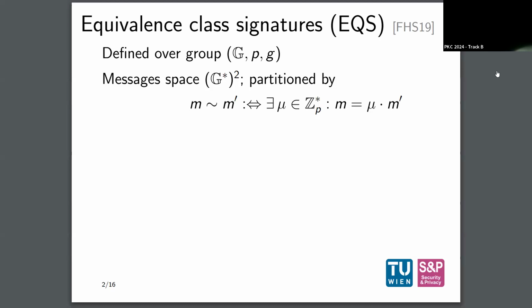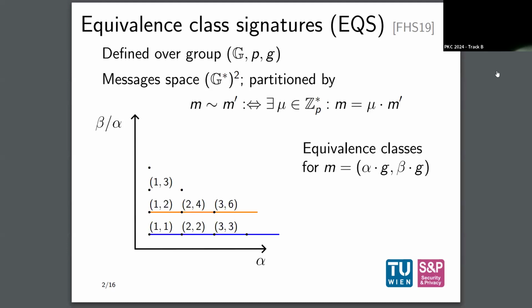For simplicity, let's just imagine a group, and the messages that we consider are all the tuples of non-zero group elements. And they are partitioned in a manner that two messages are related to each other if they're a multiple of each other. Now, what's a way that we could visualize this so it makes a bit more sense? Consider a message M that has the discrete logarithms alpha and beta, where G is the generator of the group.